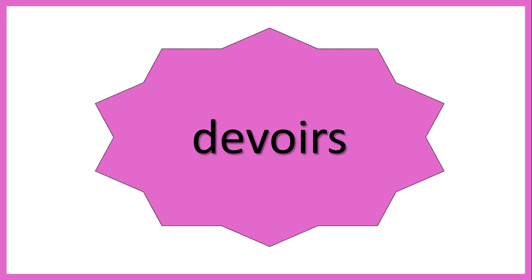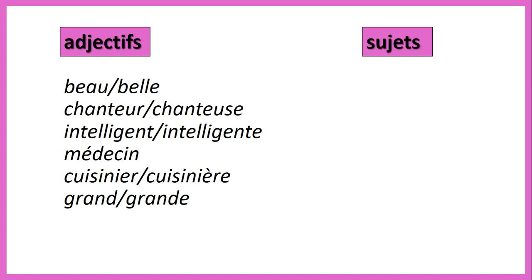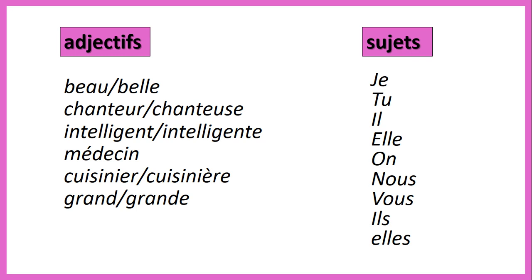And let's get to the good part, which is the homework. So what I suggest for you to do, just to make sure you really apply what you've learned today, is that you take these different adjectives, which were mentioned, all of them were mentioned during the video. Some of them have both forms, masculine and feminine. Médecin does not. And we have the different subjects, which you know by now.